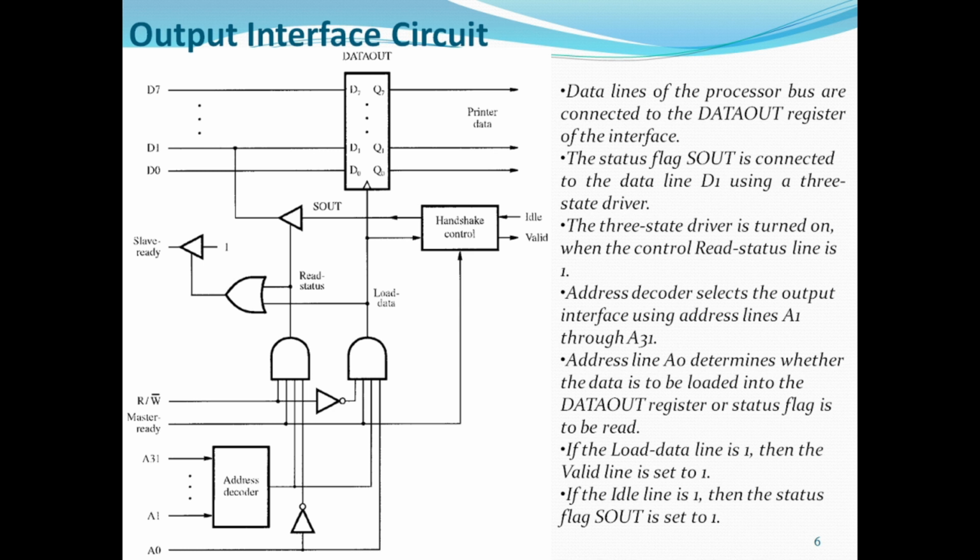So this is the major difference between the input interface circuit and the output interface circuit. The rest of the diagram is the same, as you can compare. The entire circuit remains the same except for this handshake control circuit, right?